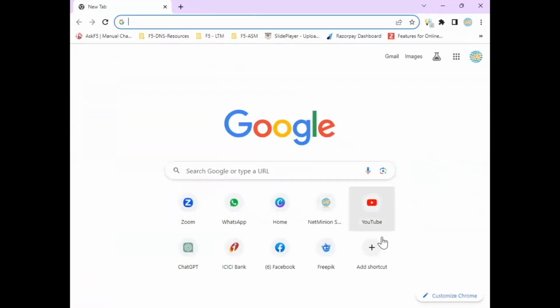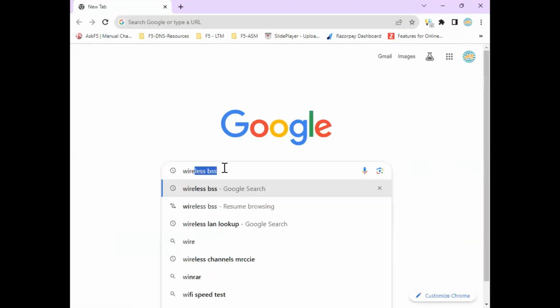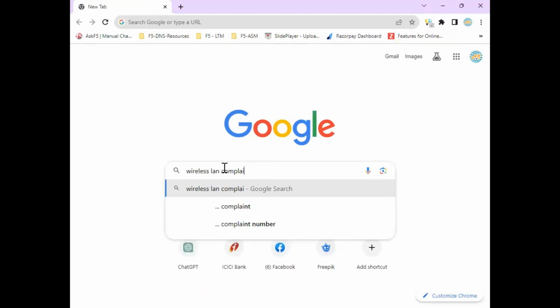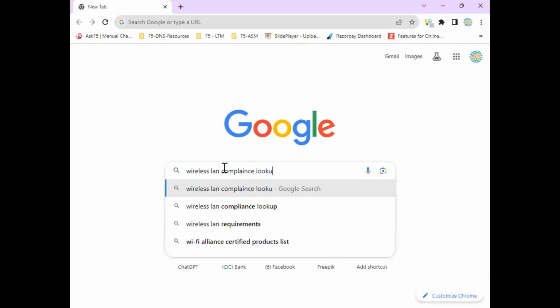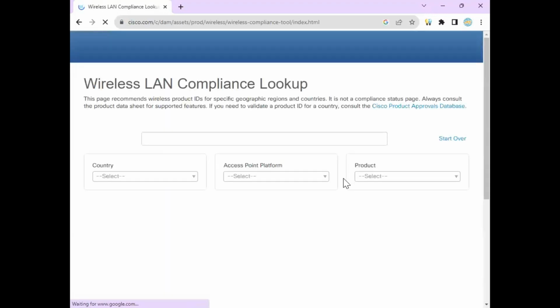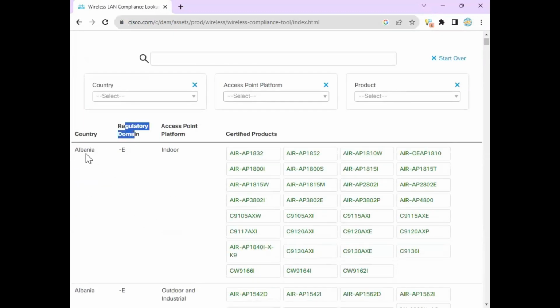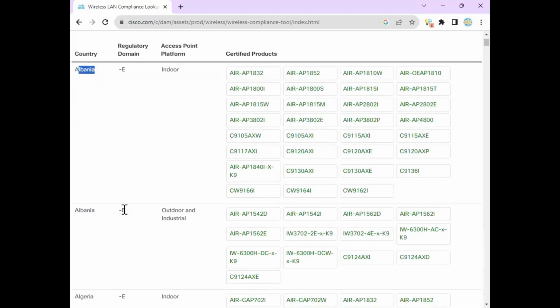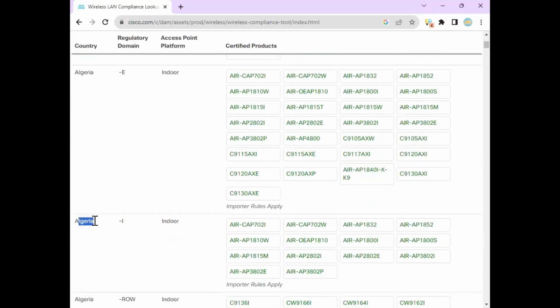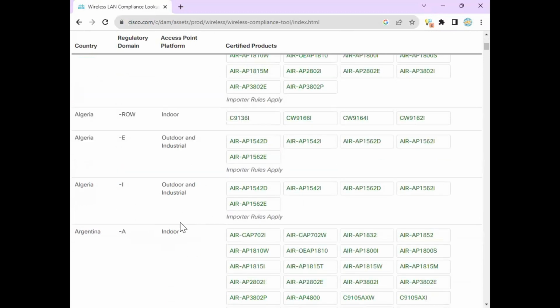So go to Google and let me search for wireless LAN compliance lookup. Go to this wireless LAN compliance lookup. See, it is showing you the regulatory domain. For this country it is minus E. For Algeria it is minus I. There is also one for indoor for this specific thing.